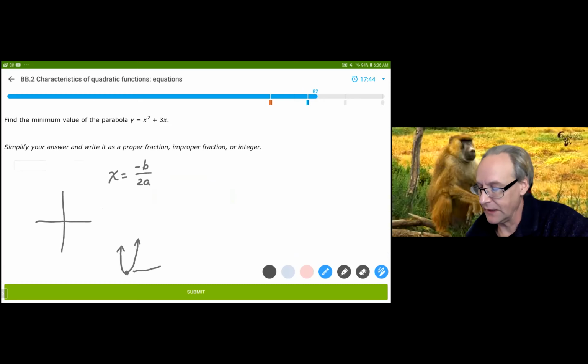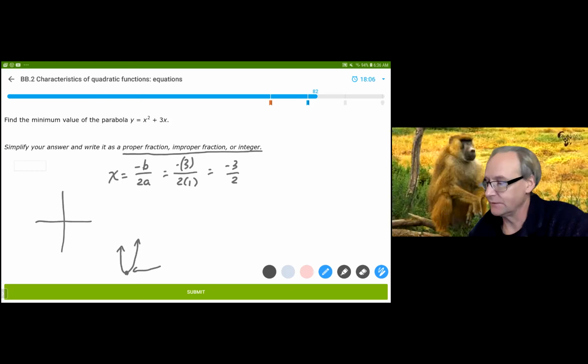We just have to locate where that vertex is. And we always use -b over 2a, which is -3 over 2 times 1, which is -3 over 2. Well, now we have fractions, darn it. They want us to use fractions. We could use decimals and then change them to fractions, but it's just as easy to work with your fractions.